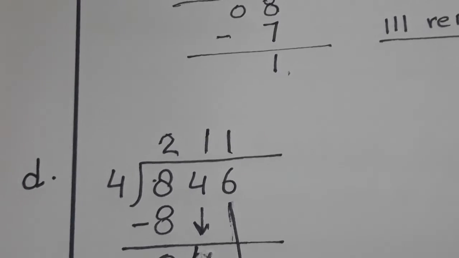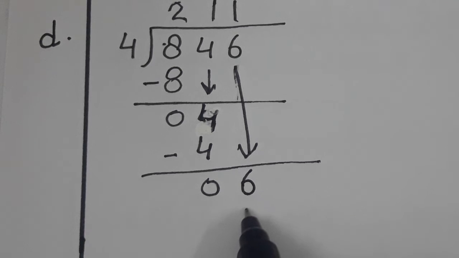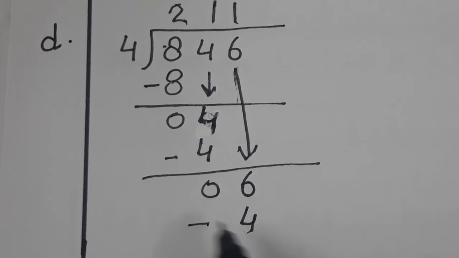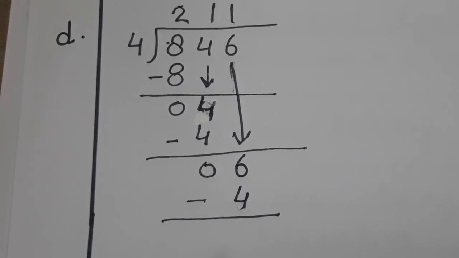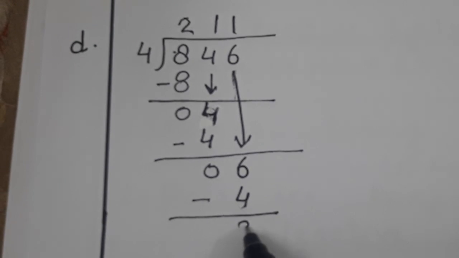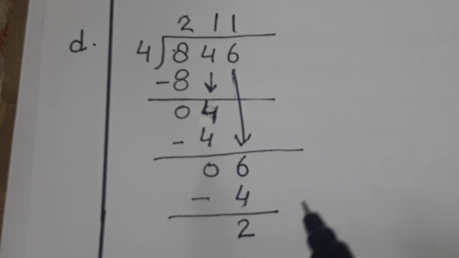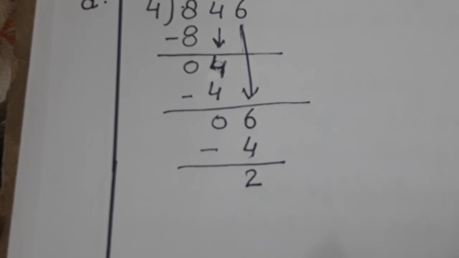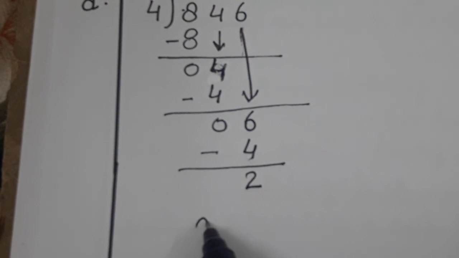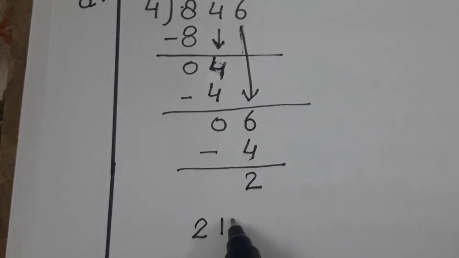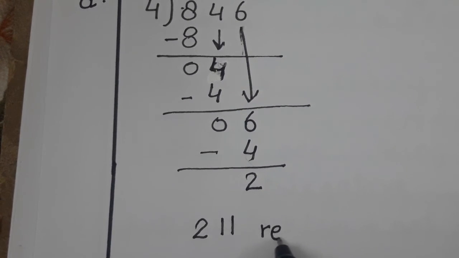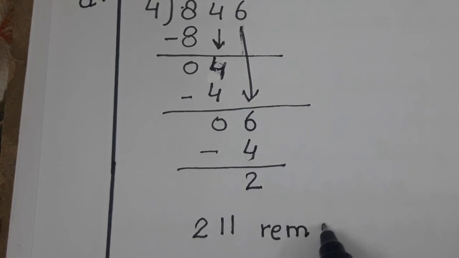Now 6 minus 4, 2. So remainder is 2. So our answer is 211 remainder 2.